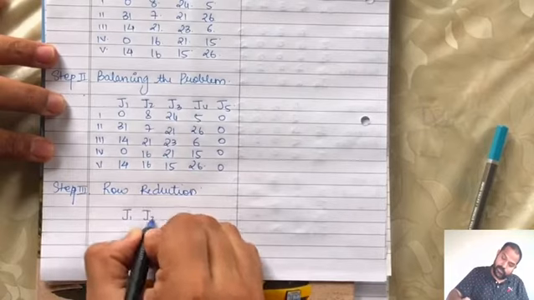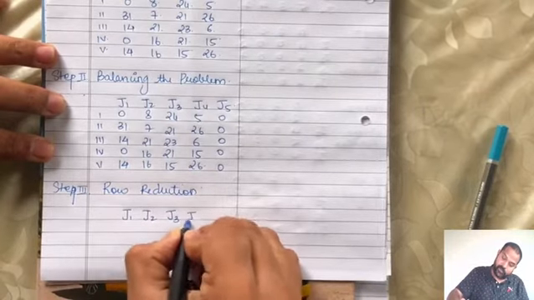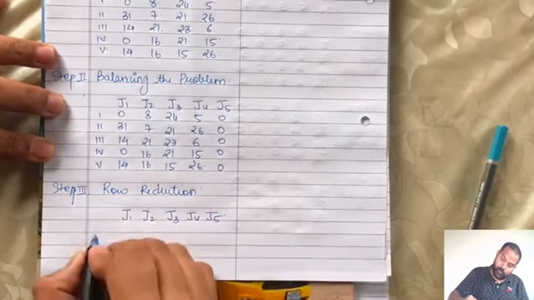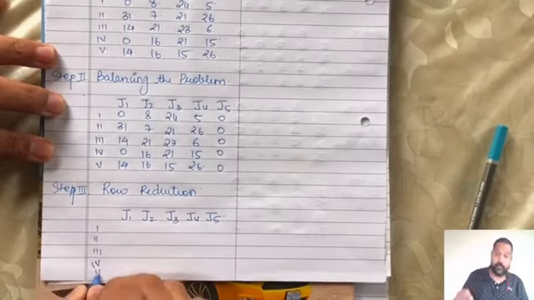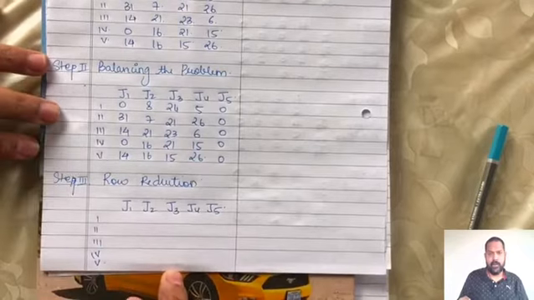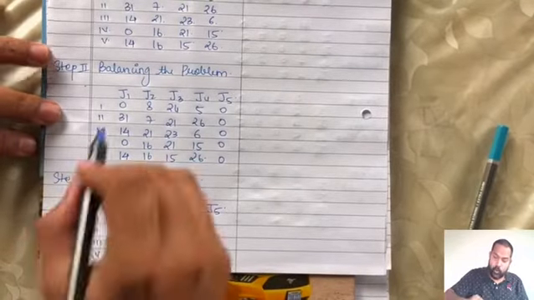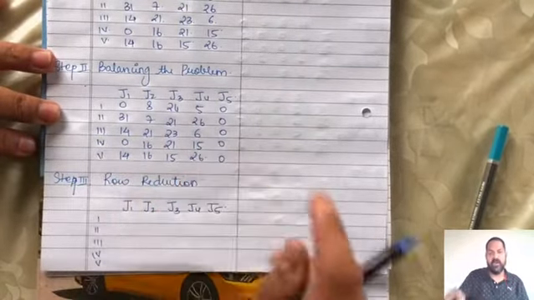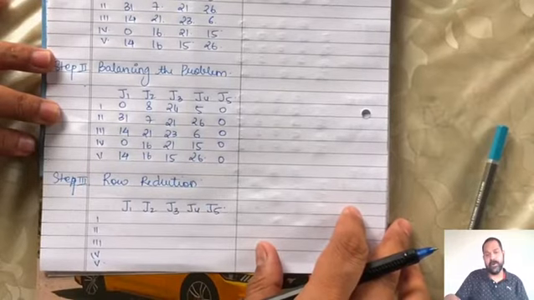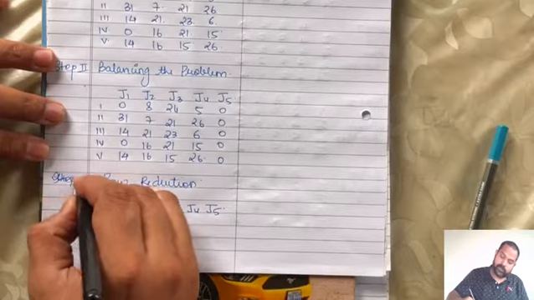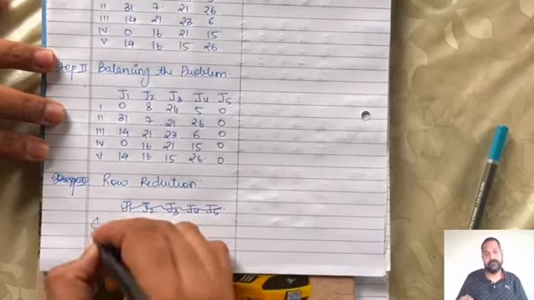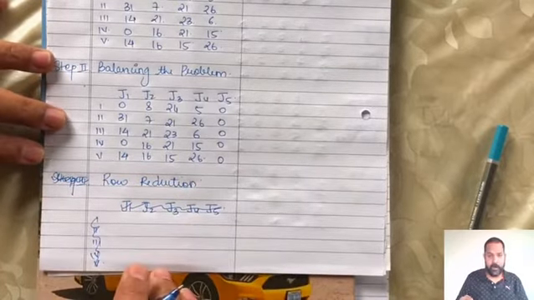J1, J2, J3, J4, J5, 1, 2, 3, 4 and 5. Oh, but sir, every row already has a 0. If every row already has a 0, then we are not going to do row reduction. So what am I going to do?